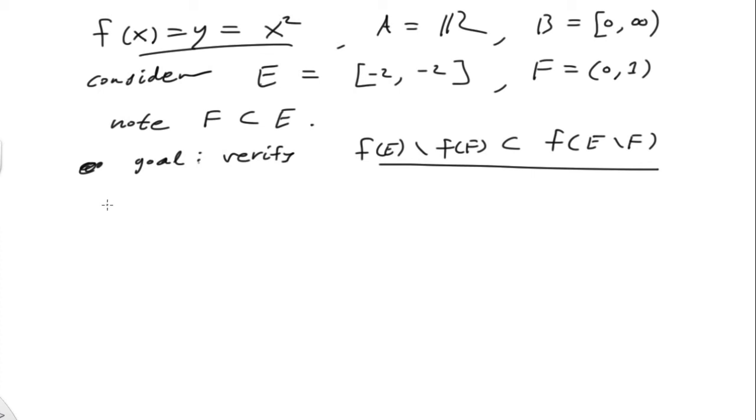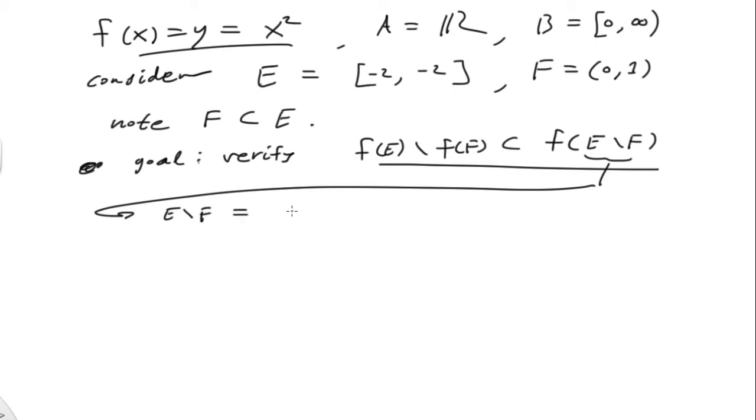So now let's look at E not F. That's simply equal to, here's my interval, but I'm going to take out this little interval that's inside of it, and I end up with the following: -2 to 0, union 1 to 2.